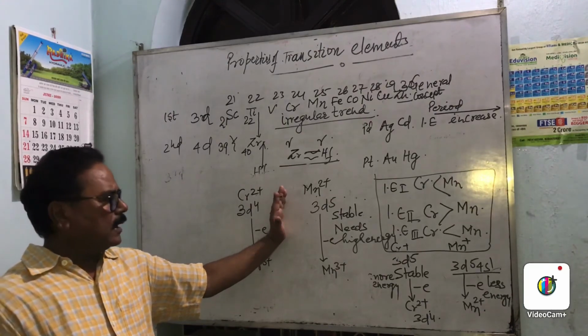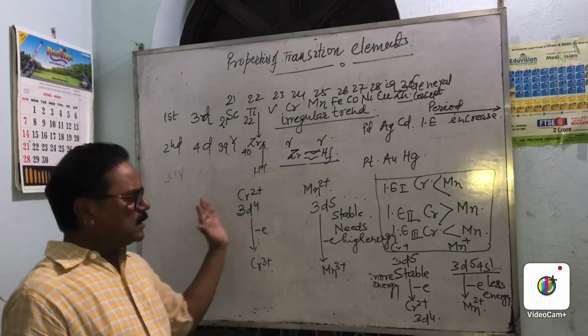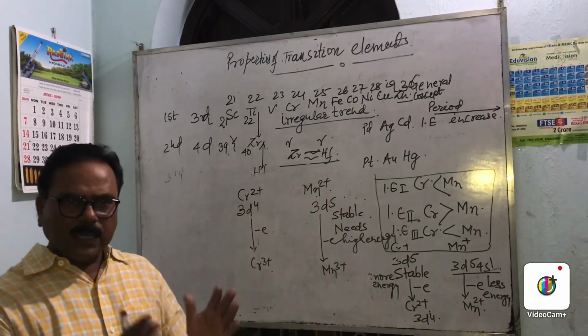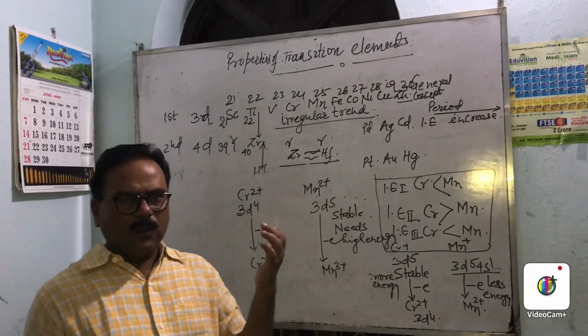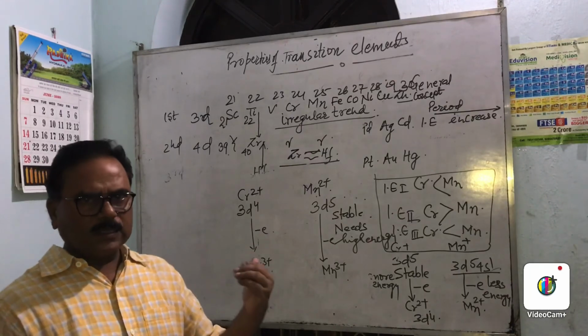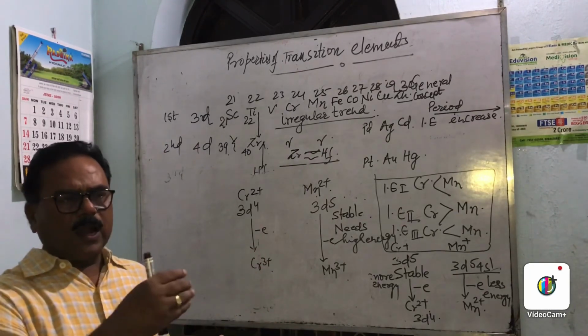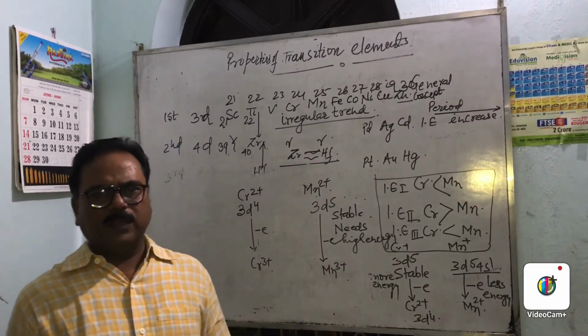So I discussed so many cases. And in general, the s block elements will have lower ionization energy than the d block elements, and the p block elements will have the higher ionization energy.